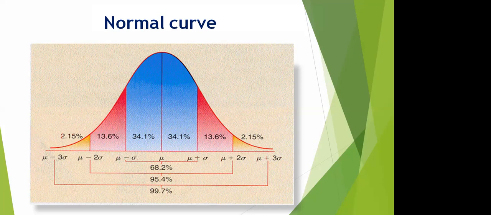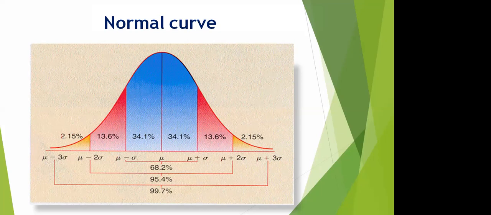If we have 100 individuals in a population and the data is normal, then 68% of the population have a height of 159 to 161, and 95% of the population will be within 158 to 162.